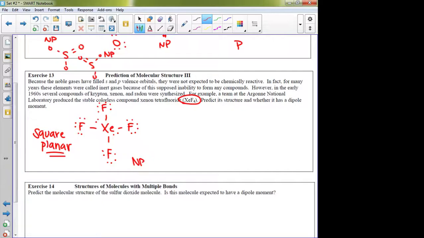Because it's square and it's planar, which means it lays flat, which means everything has to be evenly spaced apart. Why is that? Because we want the lone pairs to be as far apart as possible. So if I took this molecule and pretended these are just 2 lone pairs, I put them as far apart as possible and then just smushed it flat. So I cancel out all of the dipole moments because everything, including the electrons, is spaced as far apart as possible.